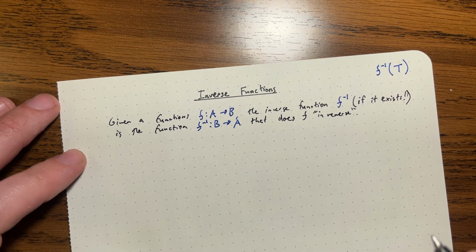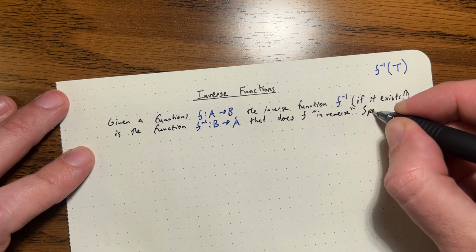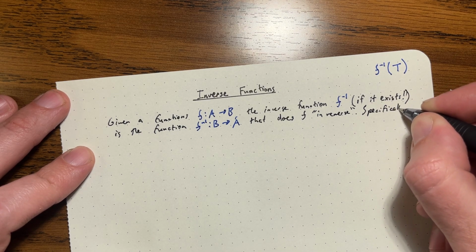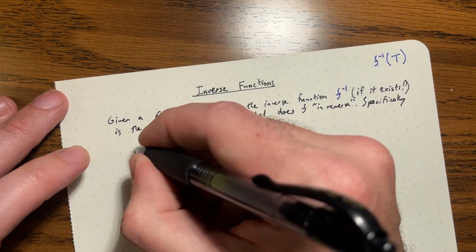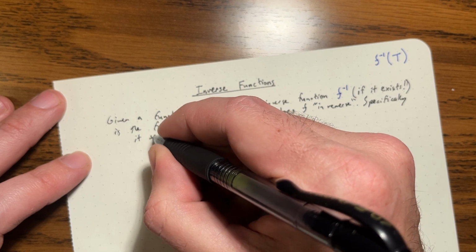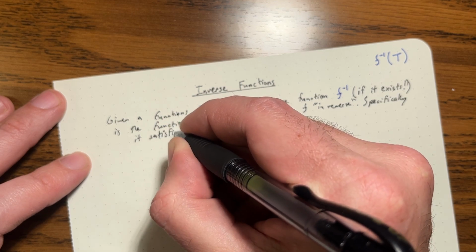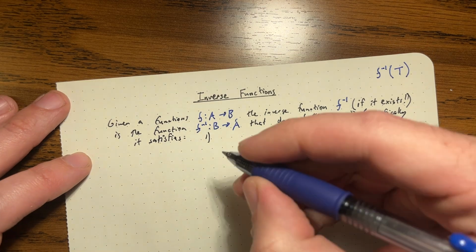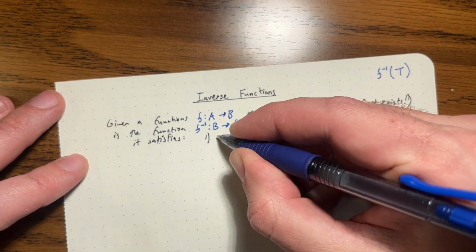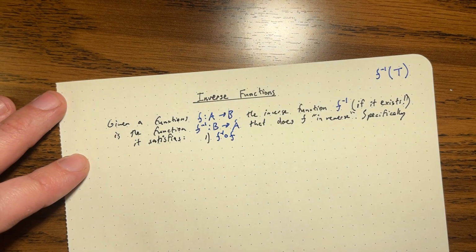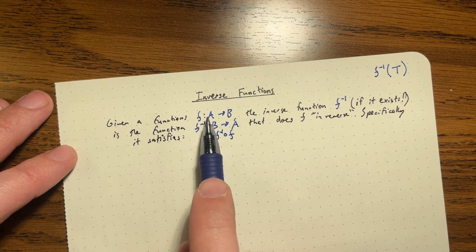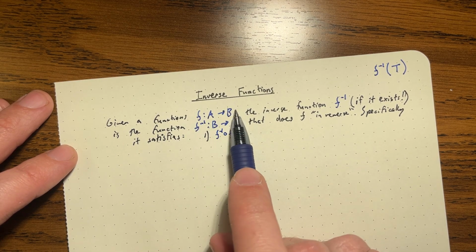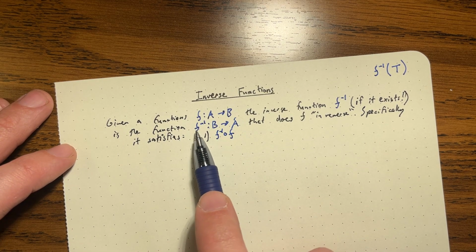So, what do I mean exactly? Specifically, it satisfies the following two properties. First one is, if I do f and then f inverse, I just get back what I started with, right? So if I start in A, I go to B, and then I apply the function f inverse.